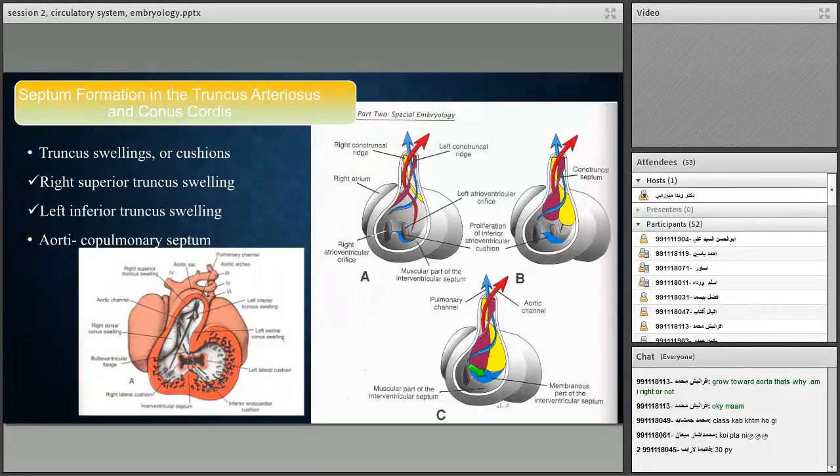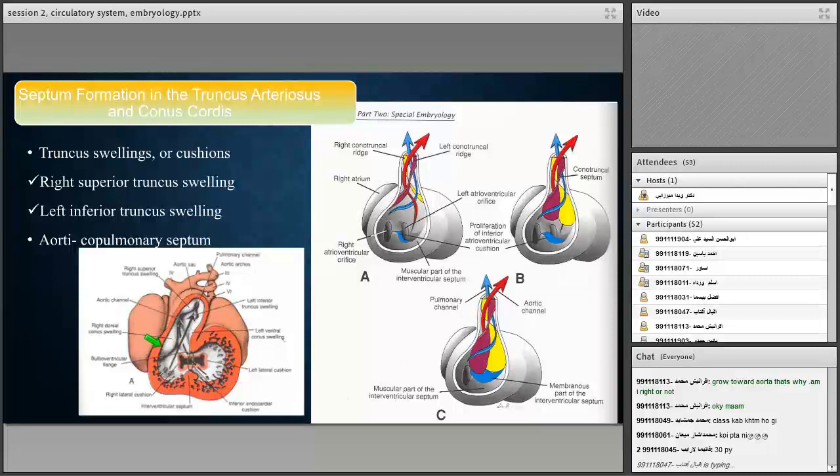At the time when the truncus arteriosus swellings appear, some similar cushions and swellings also develop along the right dorsal and left ventral wall of the conus cordis.